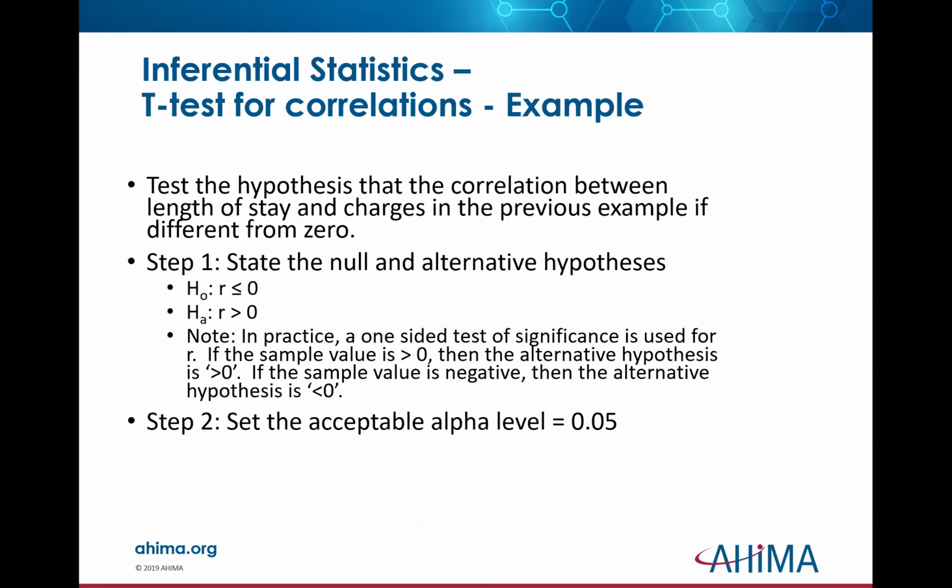So this slide will walk us through setting up a hypothesis for a correlation test. In practice, correlation tests are often one-sided, depending on the direction of the relationship that we expect. So in this case, once again, we see the alpha level set at 0.05.